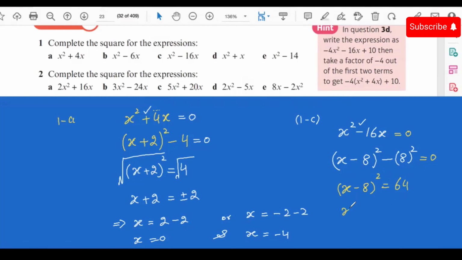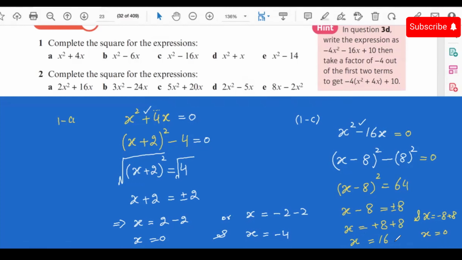So now by taking the square root, we have x minus 8 equal to plus or minus 8. So again, we will have two roots. With the positive 8, this 8 is going to be positive 8 on the other side, and the second root will be x is equal to negative 8 plus 8. So here we have a 0, and here we have 16. So these two roots are there.